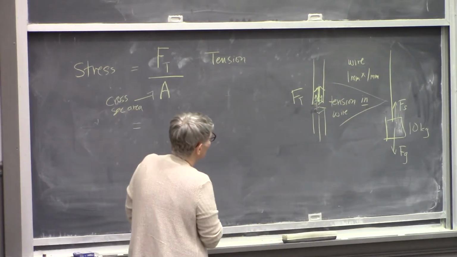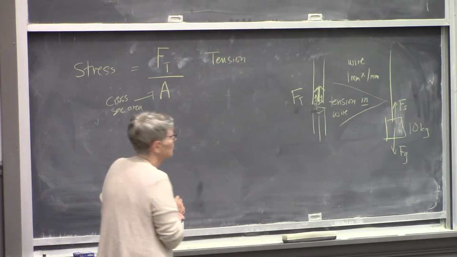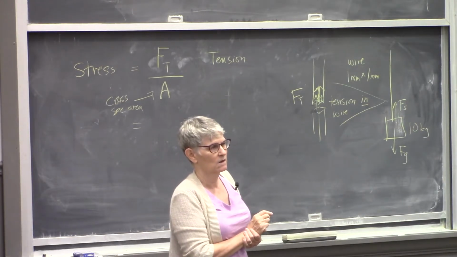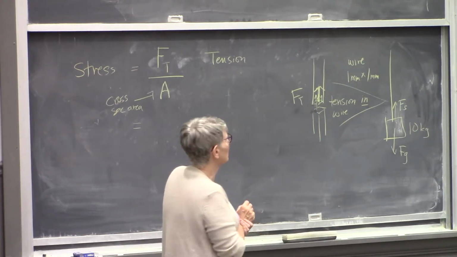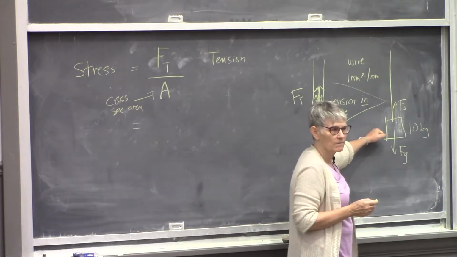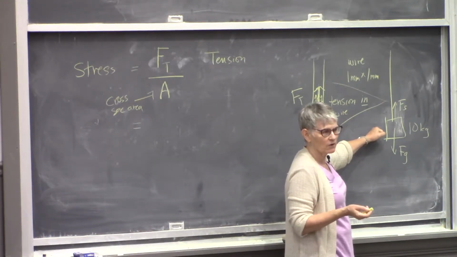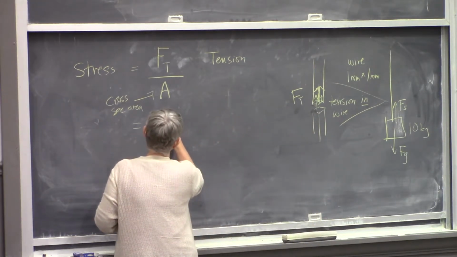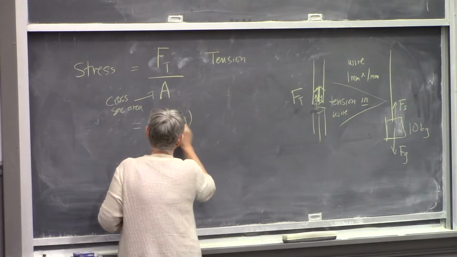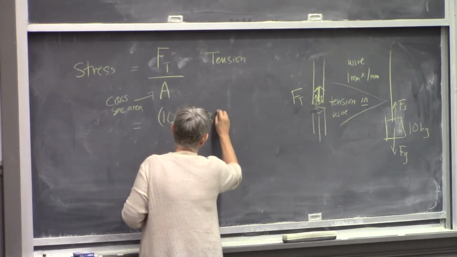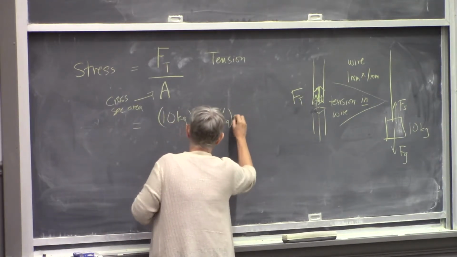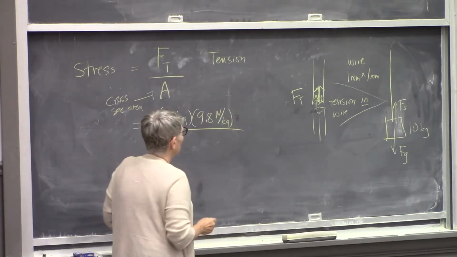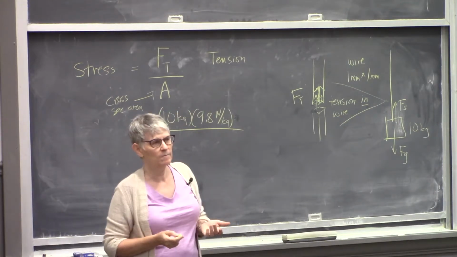Okay, so for our copper wire, what was that force? How much weight were we supporting here? 10 kilograms, right? So this force we decided was equal to 10 kilograms times 9.8 newtons per kilogram, so 980 newtons. And what's the cross-sectional area of the wire?